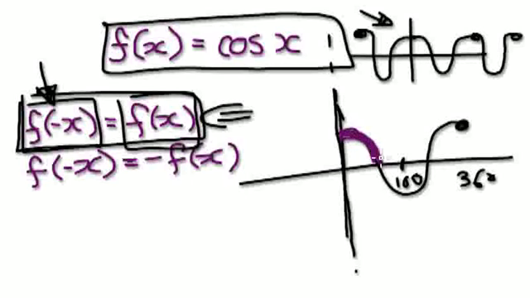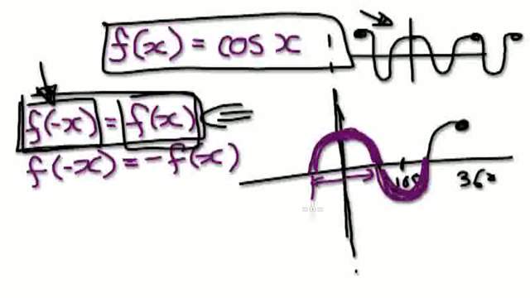So let's reflect it. Looking at this curve, when you reflect it along the y-axis, it will look like this. Looking at this lump, when you reflect it, this distance will be the same as this distance.